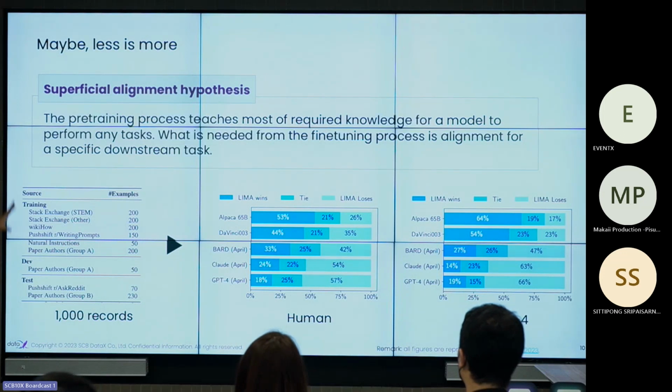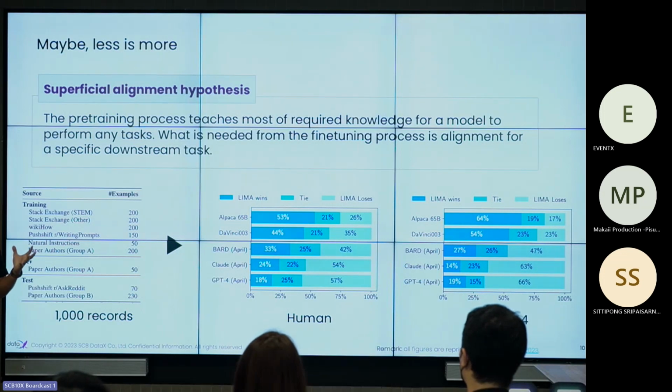I will refer to this finding as LIMA, L-I-M-A, which is not the name of a city, but the model name. The researchers claim that most of the knowledge is acquired during the pre-training process.